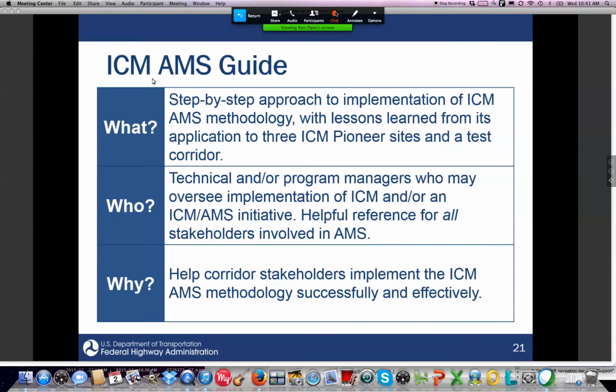So within this AMS guide, first of all, what is it? It's a step-by-step approach of how to implement ICM AMS and brings out lessons learned from the pioneer sites and the test site in the Bay Area, California, to try to help you not make the same mistakes or to learn from those efforts.